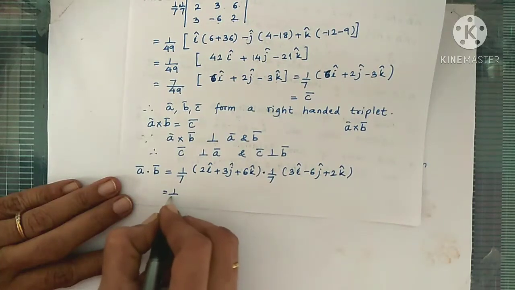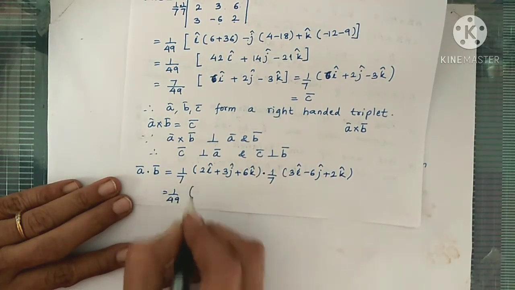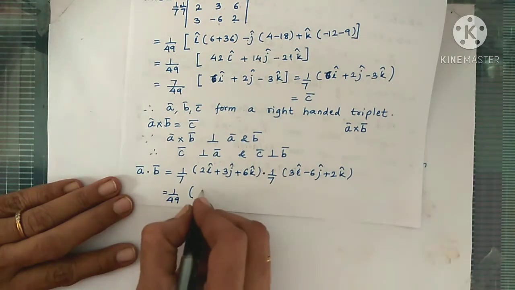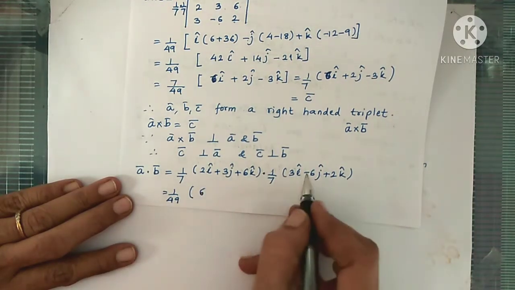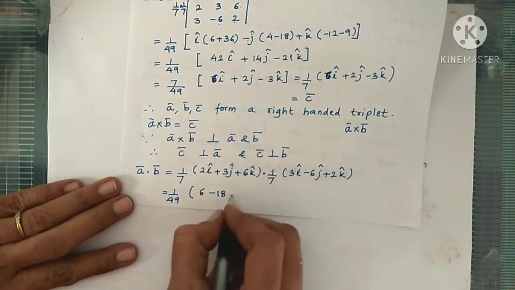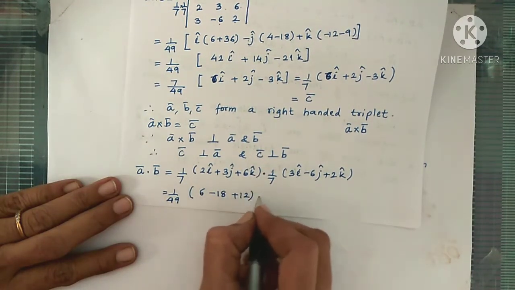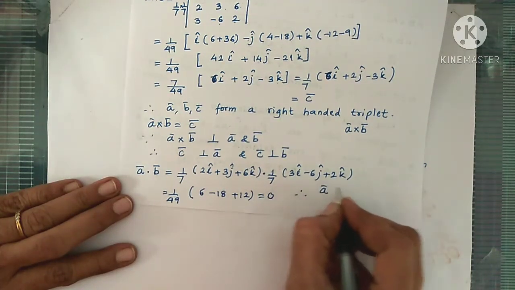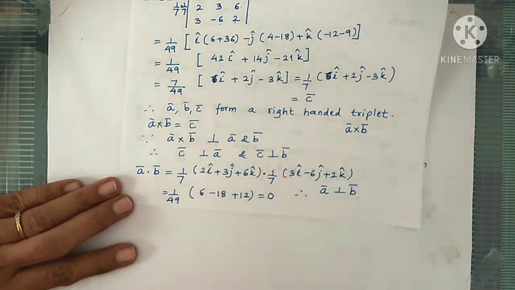So it is 1 by 49. Then the product of coefficients of i, 2 into 3, that is 6. Then 3 into minus 6, that is minus 18. And the last one is 6 into 2, 12. So 18 minus 18 is 0. Therefore, A bar is perpendicular to B bar.